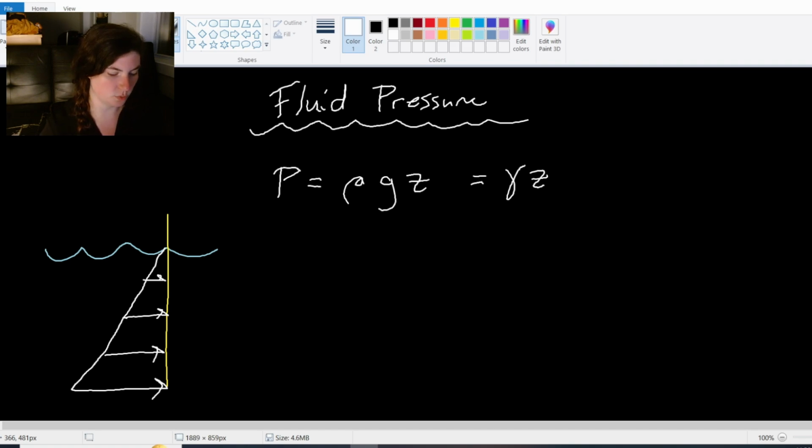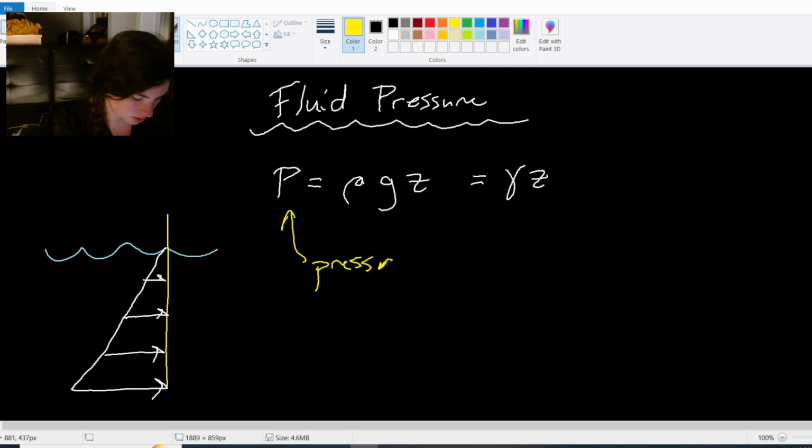We do this with this equation: our pressure, P, is given by the density times gravity times Z, which is depth.